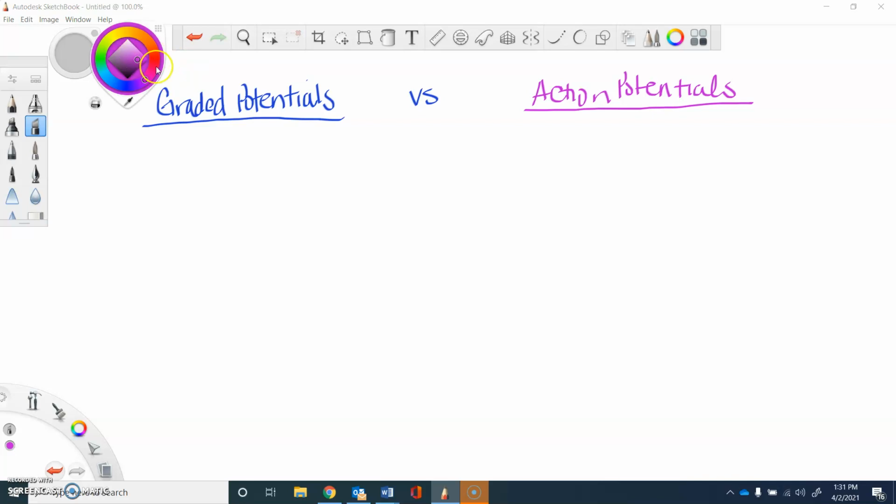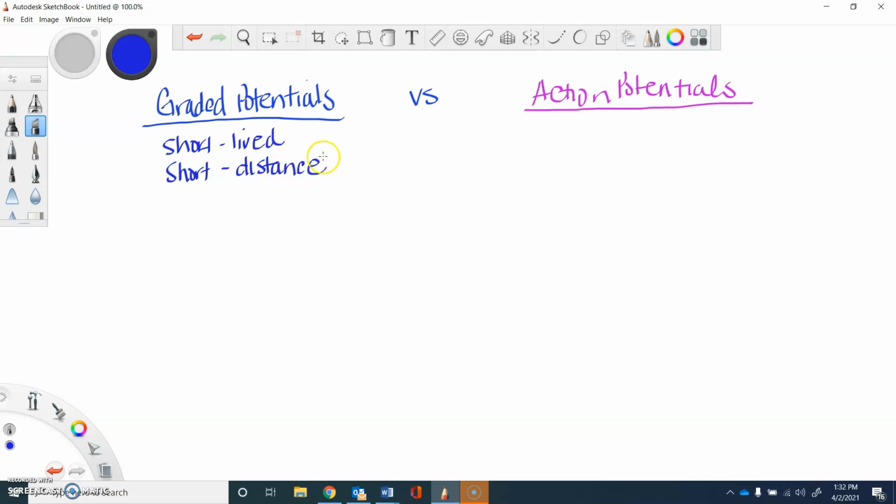All right, so the graded potentials are short-lived, and they travel short distances. Action potentials are long distance signals. So they can last a pretty long time, so long, depending how far they have to go.